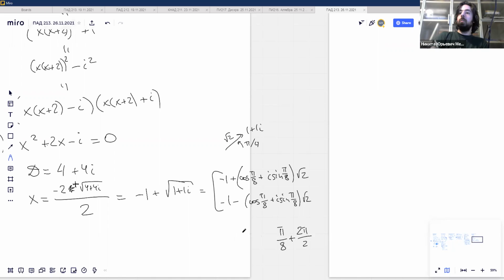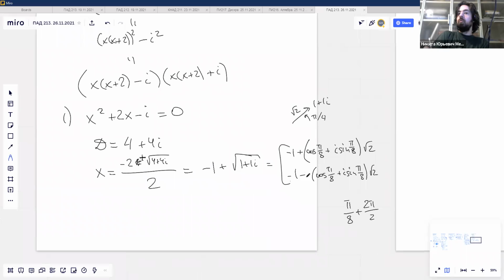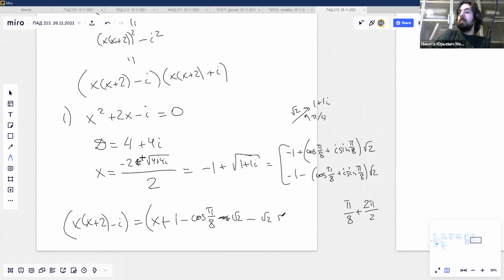So the fortunate news is that we got two roots. So we can write that this equals x plus 1 minus cosine of pi over 8 times square root of 2, minus square root of 2 times sine of pi over 8 times i, times the same expression for the other root.